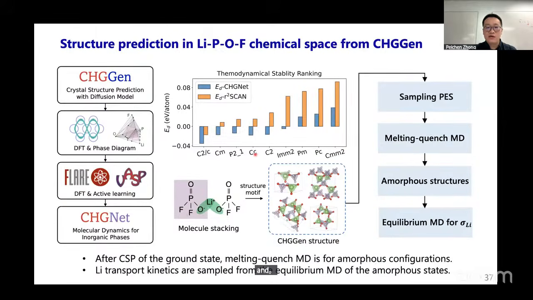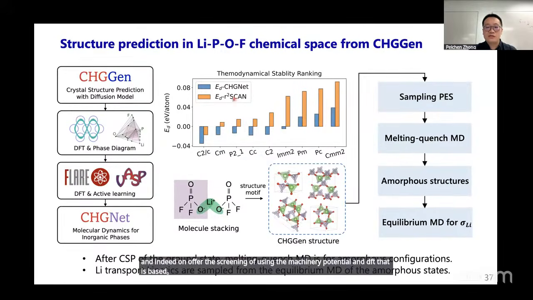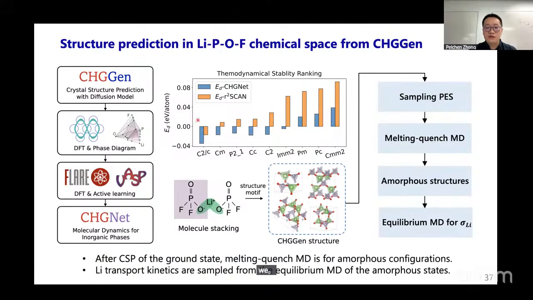And indeed, after the screening using the machine learning potential and DFT based on the r2SCAN functional, we find one crystal structure that is more stable compared to the existing Materials Project database, with negative decomposition energies.